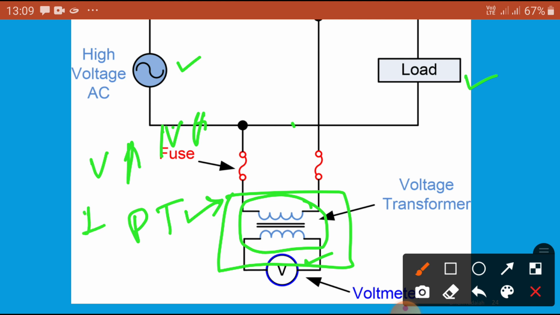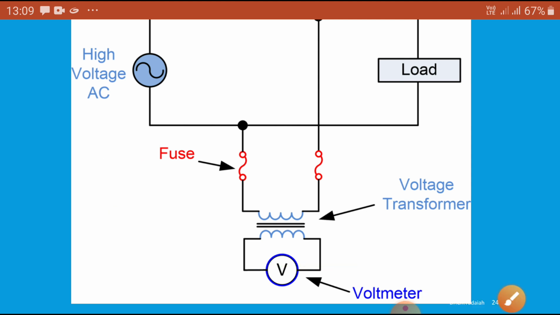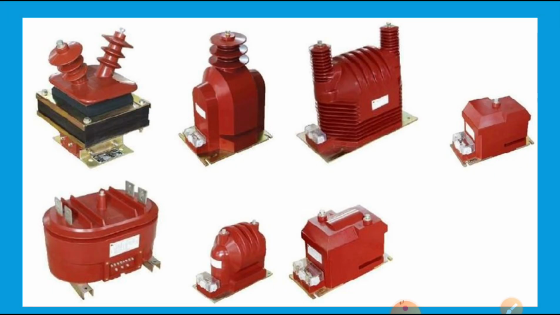If the current increases, the cross section of the conductor should be increased. That is a basic fundamental. Now you can see some low and medium type PTs used in our industries. So these are the different types of PTs used to measure the voltage in high tension voltages.